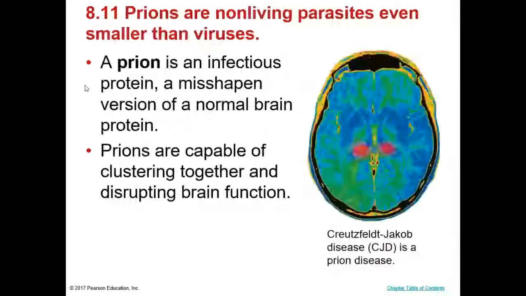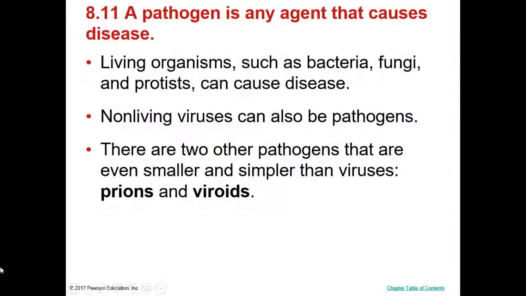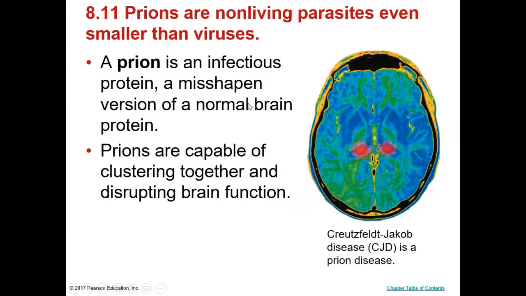Okay, so now let me touch on other types of pathogens. Those are called prions. Prions are actually misshapen infectious proteins, even pieces of proteins that were not shaped correctly. This is the reason why our cells must achieve the correct folding of proteins into all of their structures: primary, secondary, tertiary, and even quaternary.